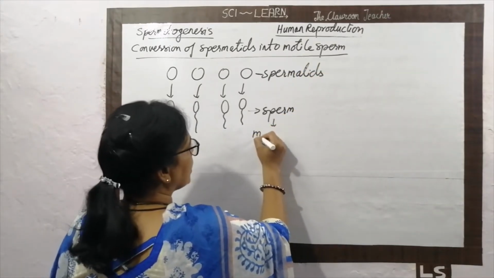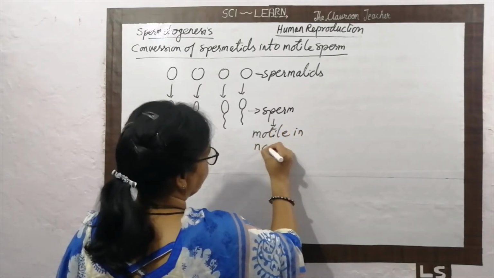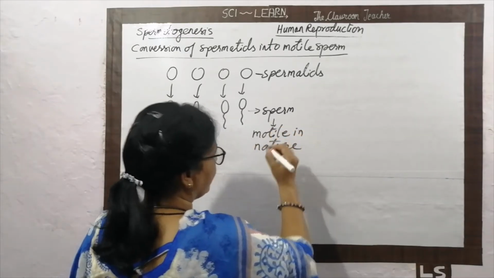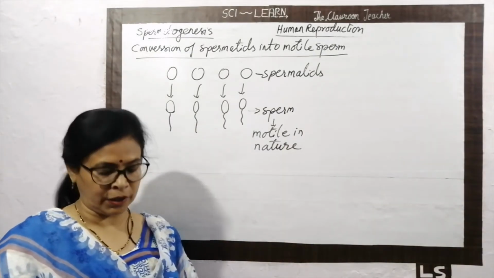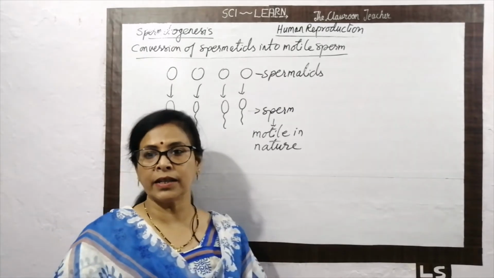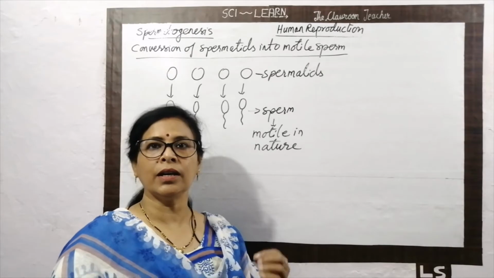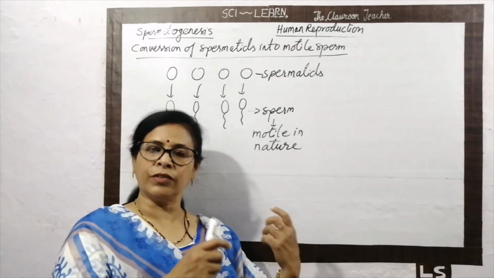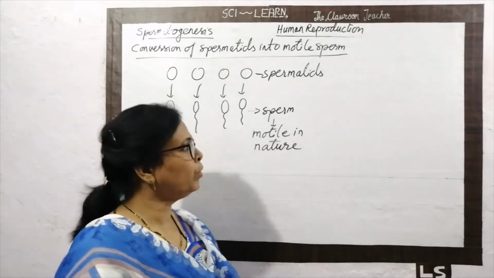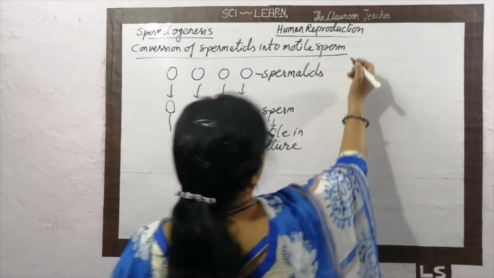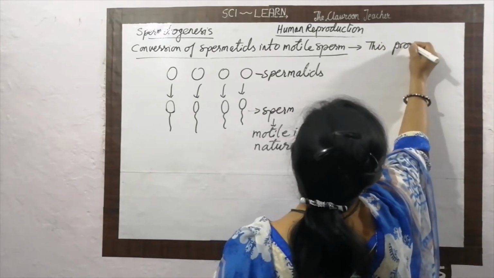Sperms are motile, with the ability to travel from one place to another. The process of the conversion of the spermatid into the sperm is called spermiogenesis.